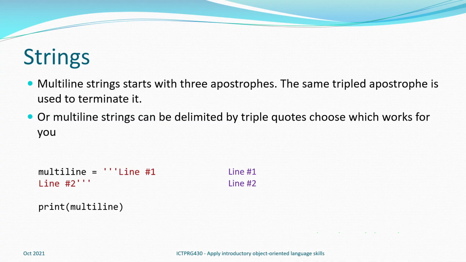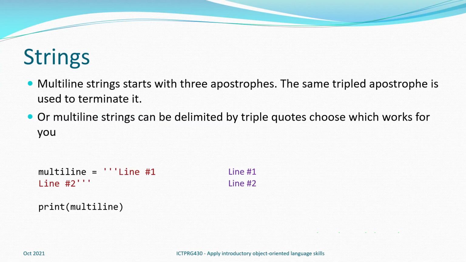Now, general rule of thumb, in Python, one line of code is a statement. We can actually use multi-line. We can do this by using the triple apostrophe at the start and end of the string.